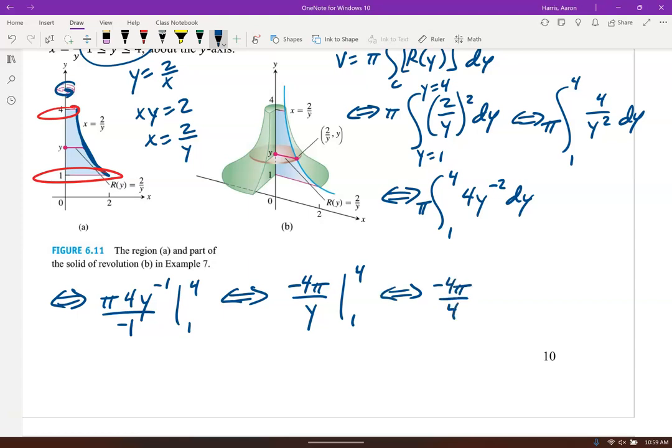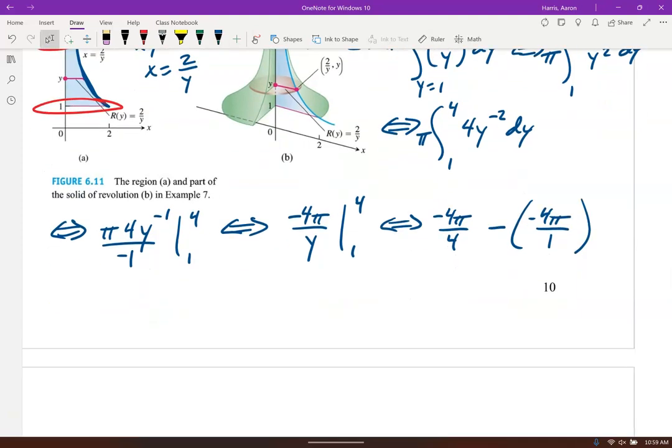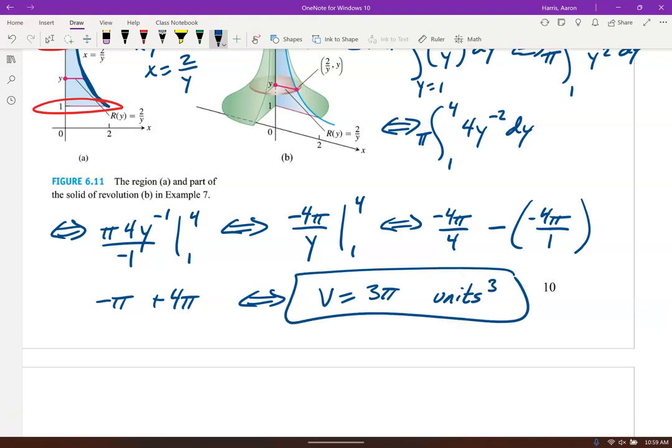Put the 4 in. Put the 1 in. It looks like we've got negative pi plus 4 pi. So our volume here is 3 pi cubic units.